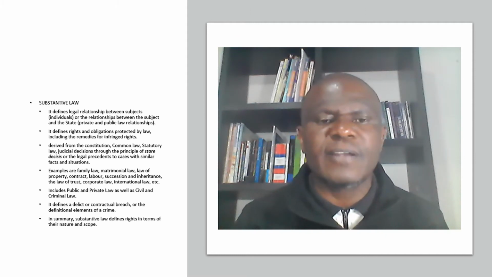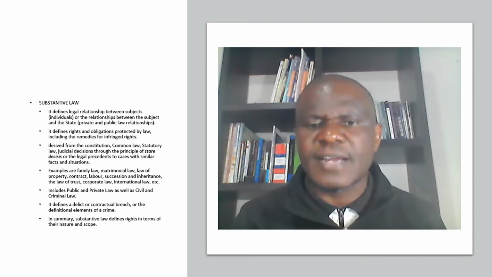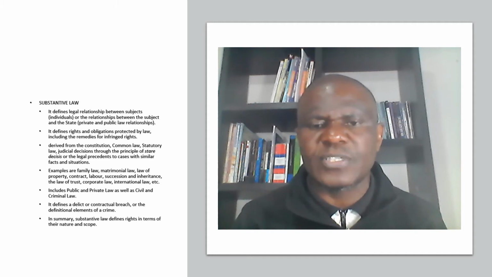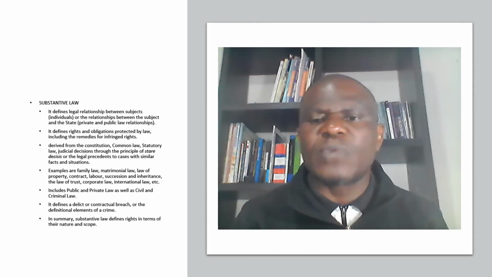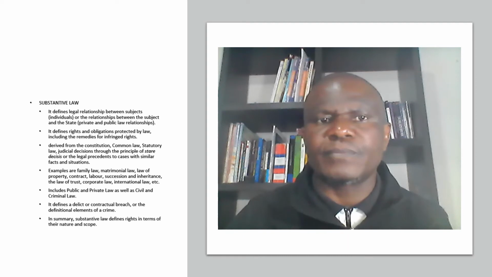So, in summary, substantive law defines the rights. It spells out the rights in terms of their nature and their scope. When we say somebody is entitled to a certain right, what exactly do you mean? And what is the scope of that right? And so on and so forth.